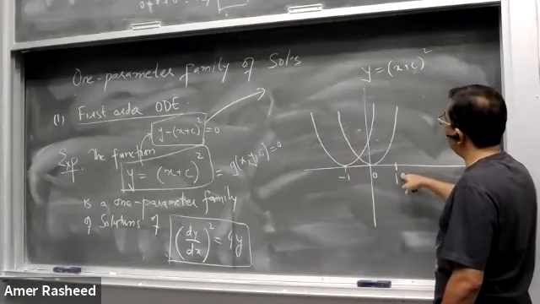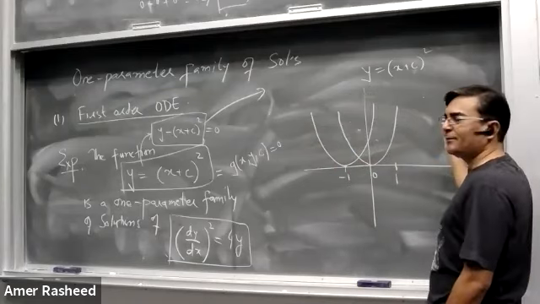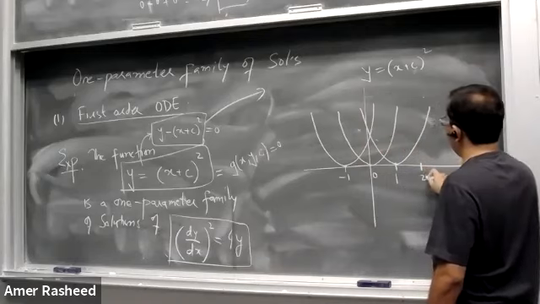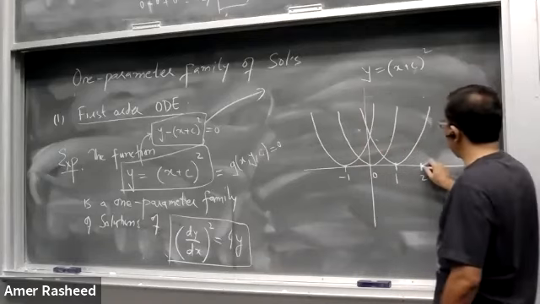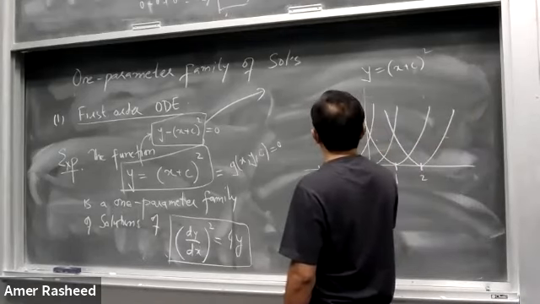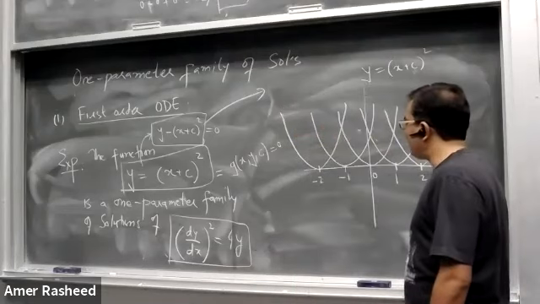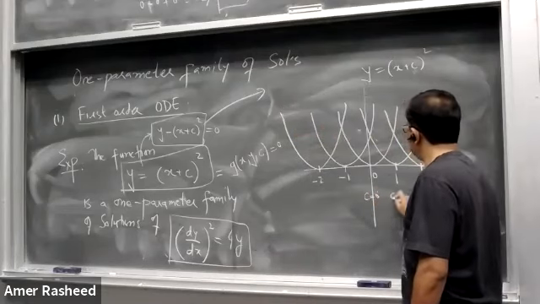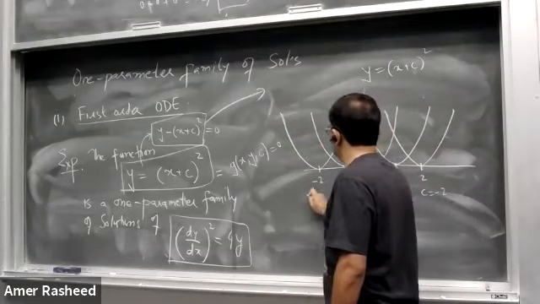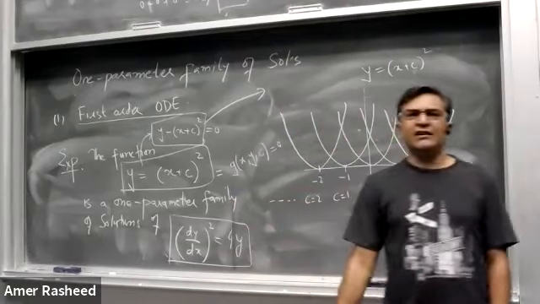If we take the value of c as -1, the solution will shift to the right hand side, and it will come here. Okay. If we take the value of c as -2, the solution will shift here. Similarly, if you take c as +2, the solution will shift to -2 here. Now these are some particular values of c: 0, -1, -2, 1, 2, and so on, you can choose other values of c.